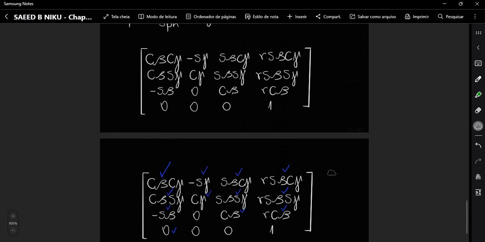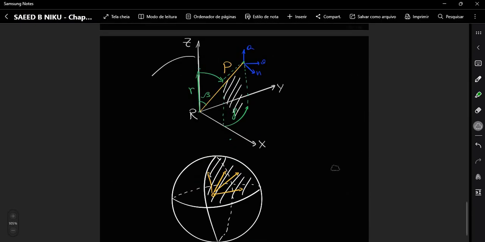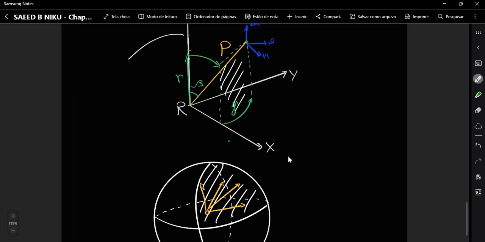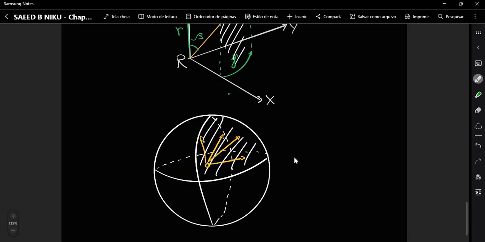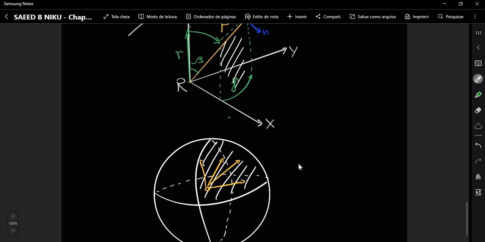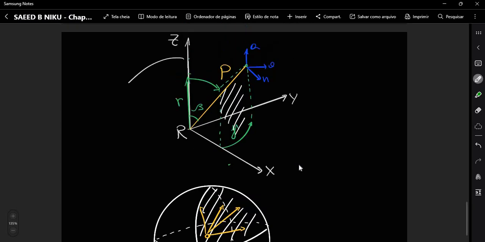So with this video, the main thing that I wanted to comment with you was about this sphere, and also to give a sense of the types of robot that we can apply in different types of tasks.